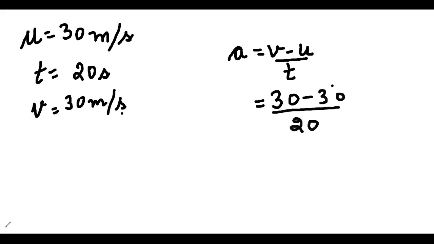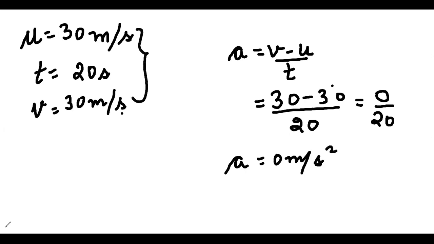So 30 minus 30 is 0. And 0 divided by 20, 0.